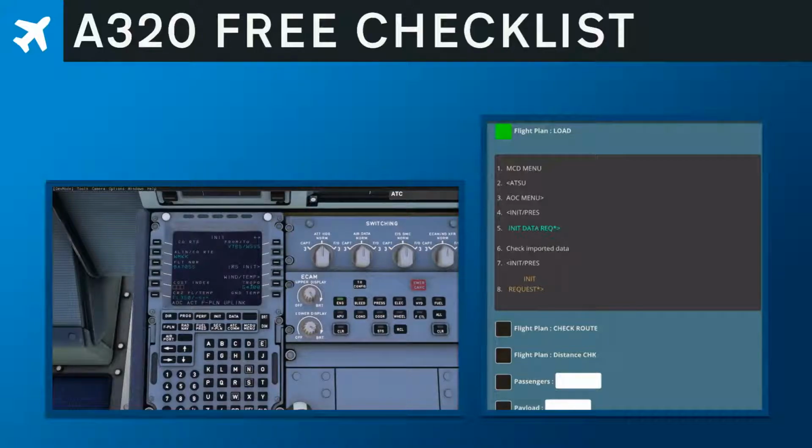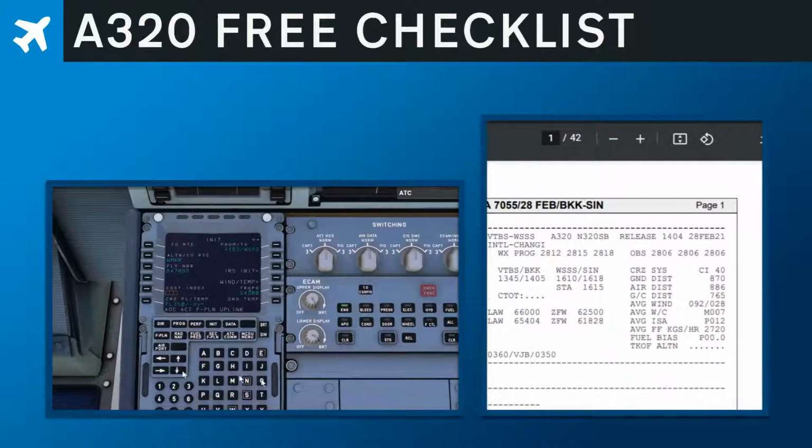What we can do is go to our, let me just see if I can swap this over to have a look. I don't think I can do this. Let's have a look. There we go. Right. Okay. So this is my SimBrief flight plan.